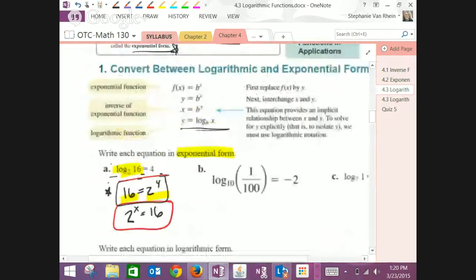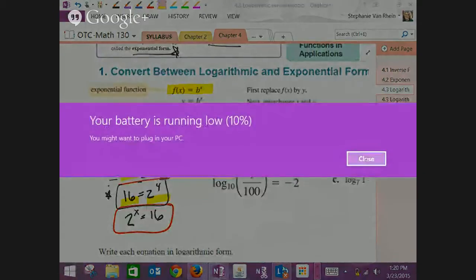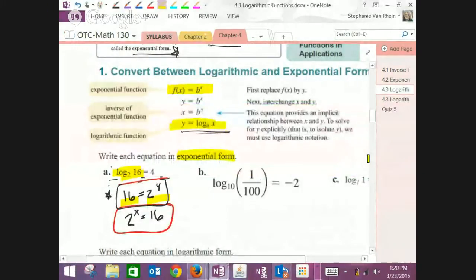This is what it's trying to show you up here. If you have log base b of x equals y, that's the same thing as y equals b to the x. So the base to the x power equals y. Here, y equals log base b of x. But I feel like students that try to memorize that get x and y and b confused a lot of the times.